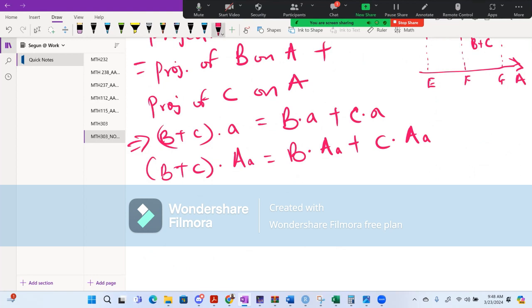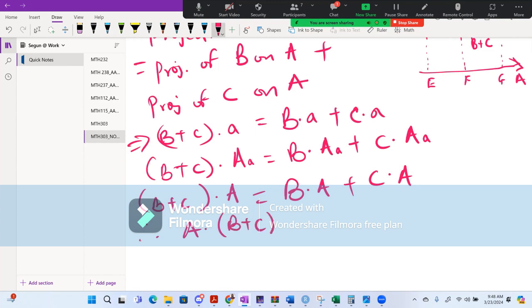At this point it is the commutative law for dot product, which simply means our (B plus C) dot A, everything at A, equals B dot A plus C dot A. Therefore, our A dot (B plus C) is equal to A dot B plus A dot C. Remember, they are the same.